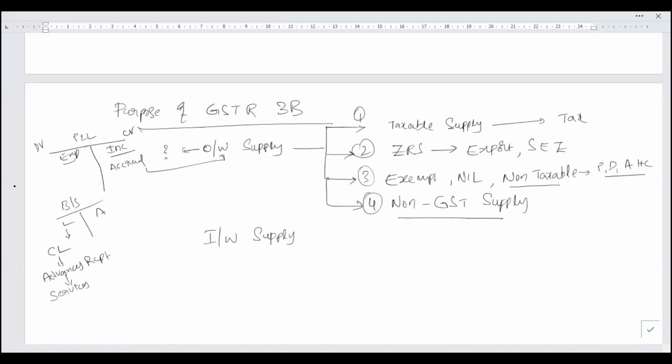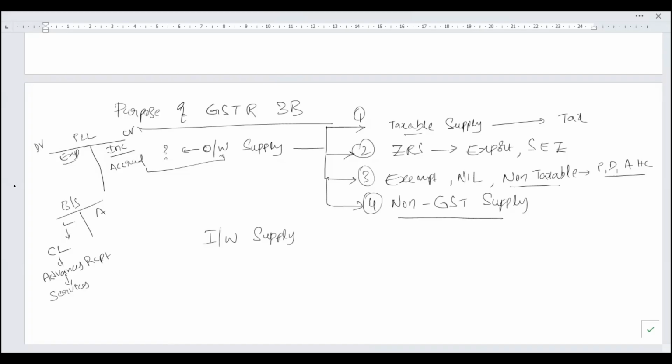So this also I would be showing as a taxable supply when I file my GSTR-3B, that is the monthly tax return. In the balance sheet, yes, advances in respect of services are also liable to tax.